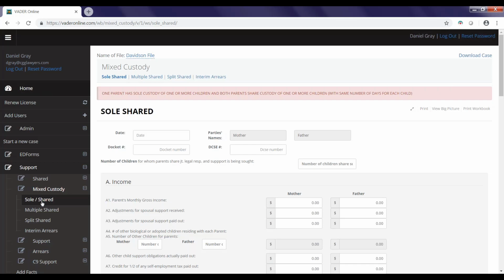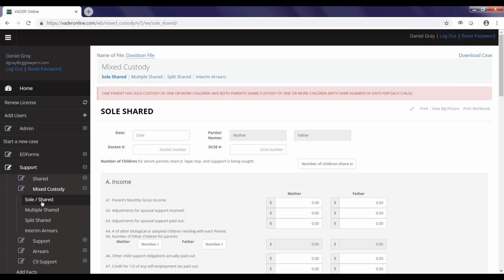If you had a situation where both parties had the children for more than 90 24-hour periods in a given calendar year, you had a shared custody situation. And so there was a shared custody guideline. There was also a guideline where the parties each had majority custodial time of at least one child. And in that situation, you would use the split custody guidelines.